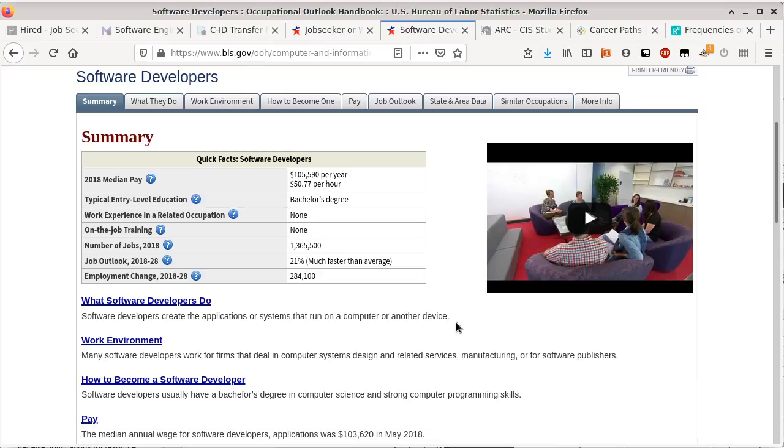Will I get into a situation where there are no jobs waiting for me after I graduate? Well, according to this document, there are lots of jobs available. From 2018 to 2028, there is an increase of 21%. So everything is looking good. Now the question is, what are the subcategories of those jobs?